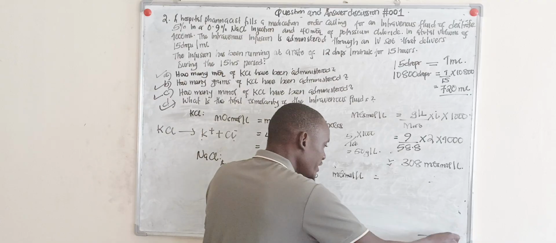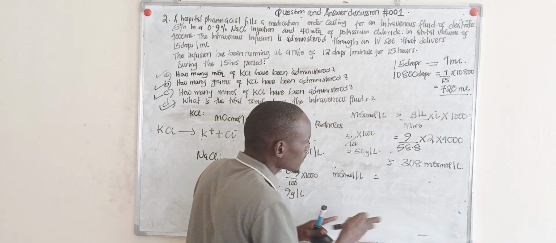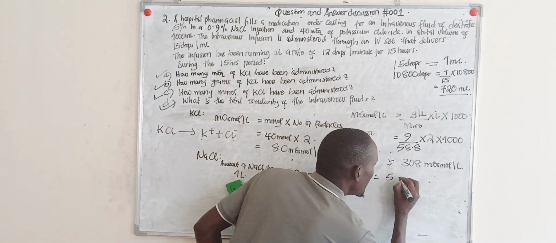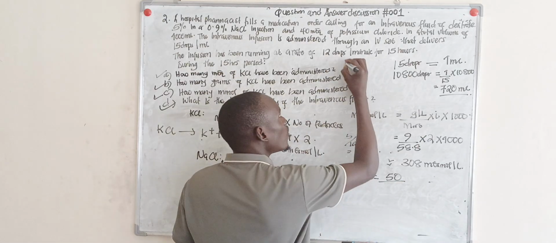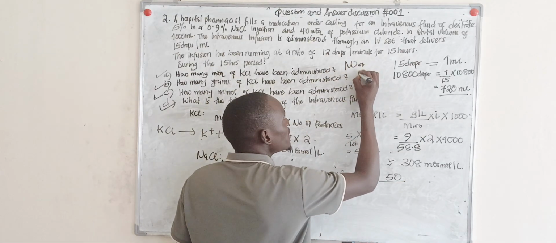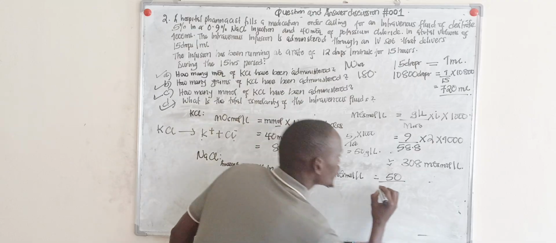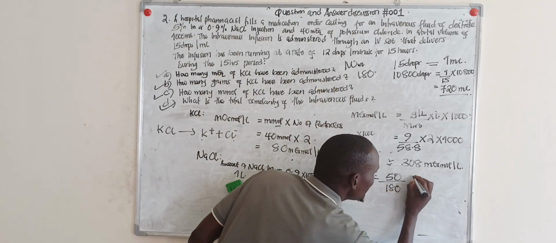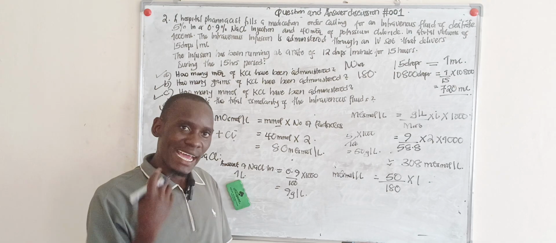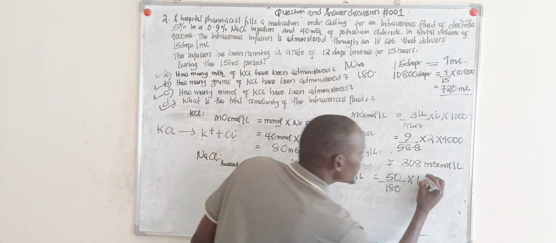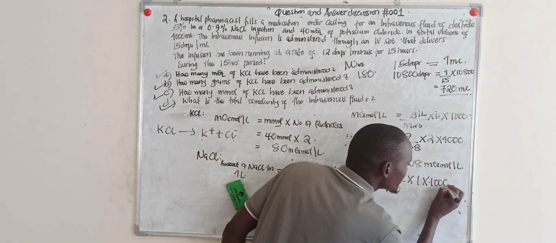So we are going to say 50, which is in a liter, divided by the molecular weight of dextrose, which is 180, times 1, because we know dextrose is a non-electrolyte, being multiplied by 1,000.